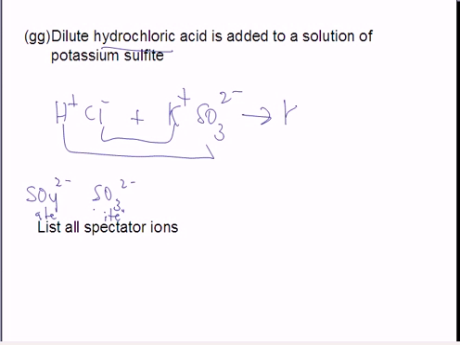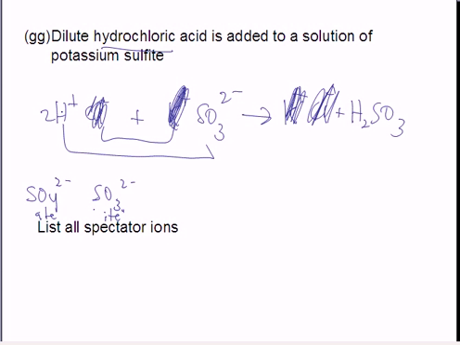Okay, I'm going to form a soluble K plus Cl minus, and I'm going to form a weak acid, sulfurous acid. Going to get rid of my spectator ions here, and I'm going to balance this just like that.